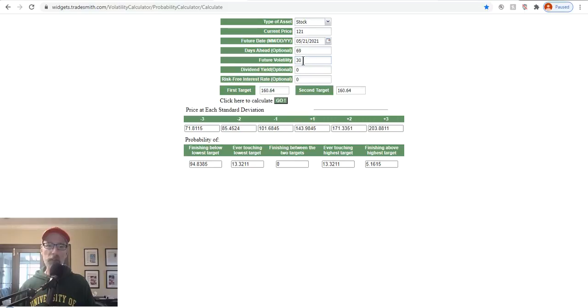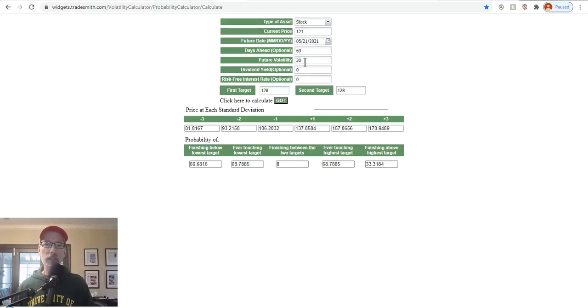If we reduce the volatility from 40 to 30%, watch what's going to happen. Click on Go. So now you only have a 1.5% chance of Apple moving from 121 all the way up to 160. If we put in the 128s, probability is dropped as well. 128 is our other break even. Okay, now it's only a 33% chance.